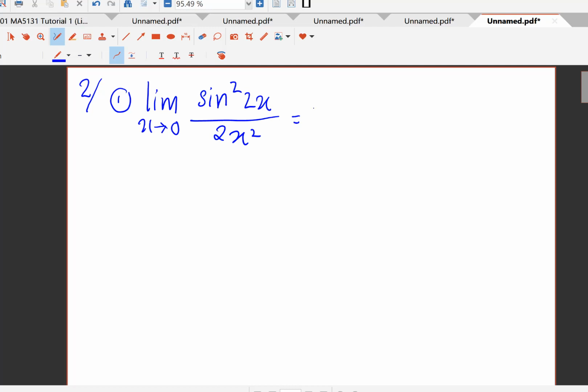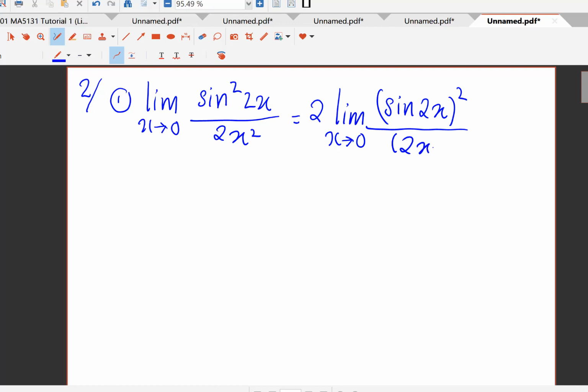You want to calculate this like that, no? 2 limit x goes towards 0, so this gives you just 1 square, so it equals 2.